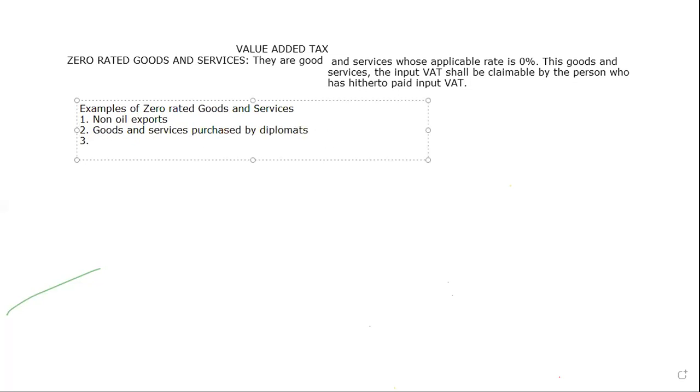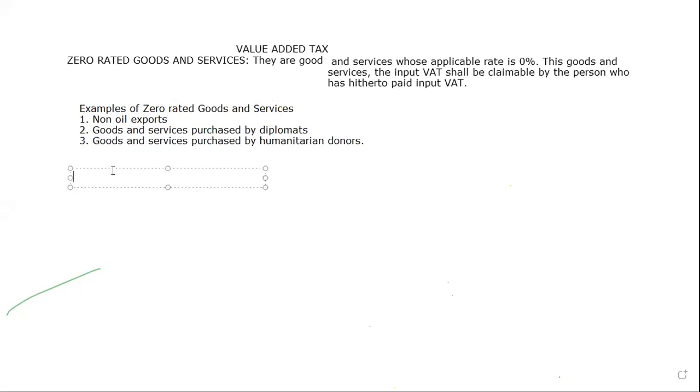Number three, we have goods and services purchased by humanitarian donors. Those are examples of zero-rated goods and services.